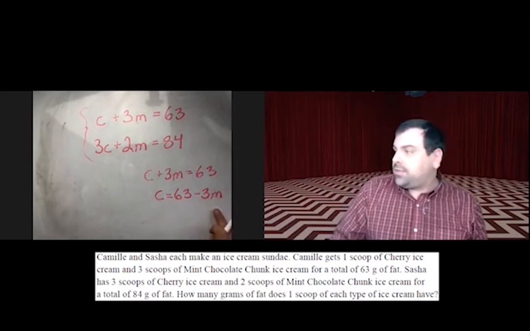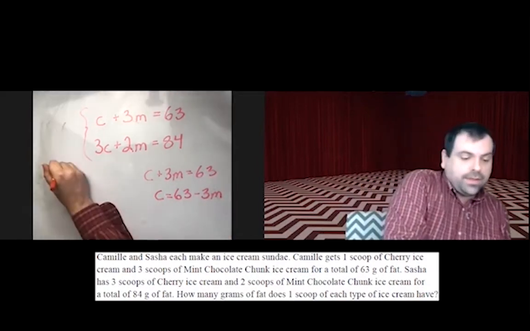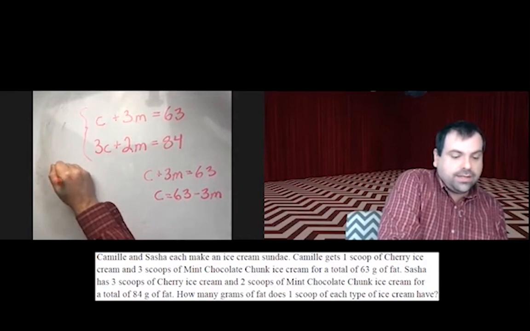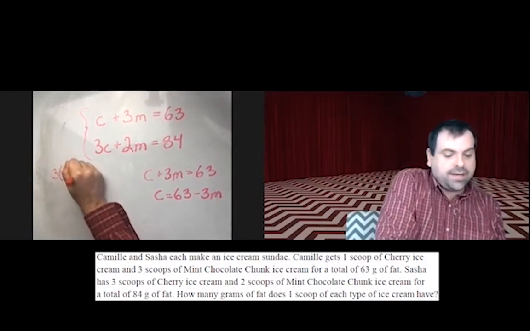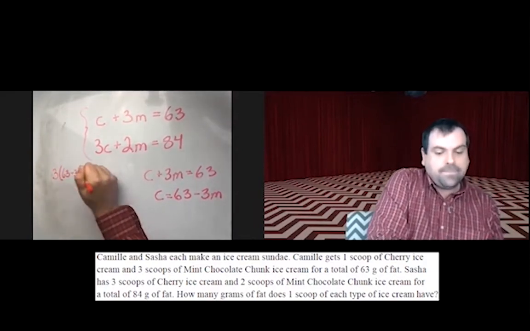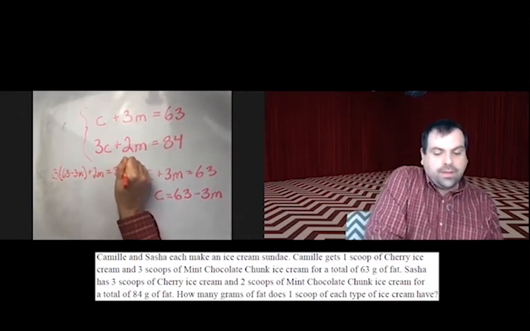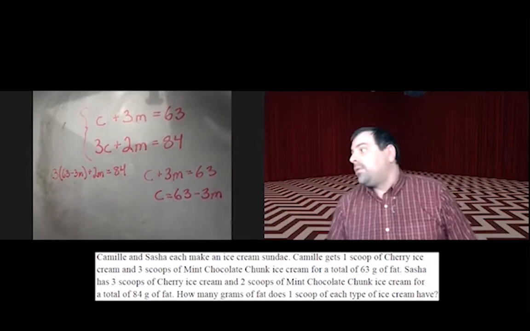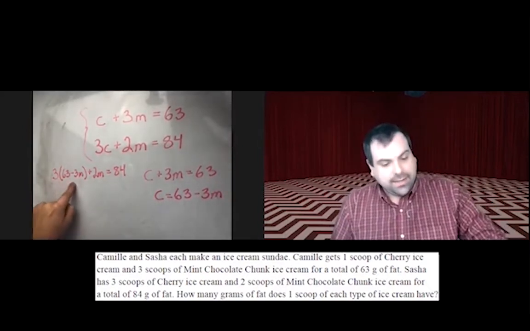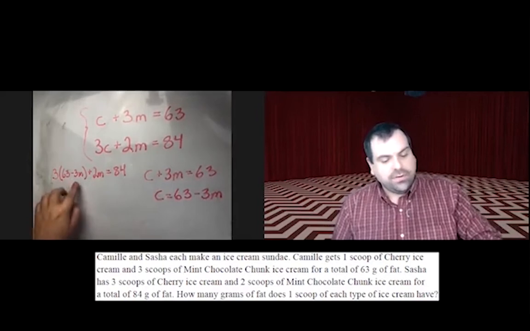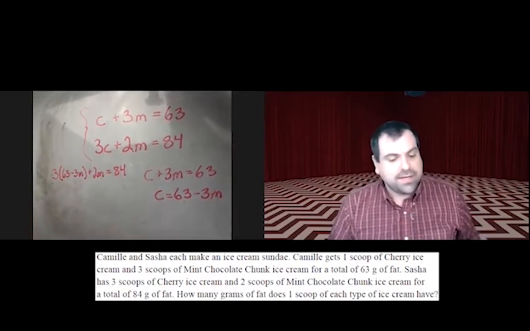So if c is 63 minus 3m, then we have 3 times 63 minus 3m plus 2m equals 84. 3c plus 2m is 84. C is 63 minus 3m.